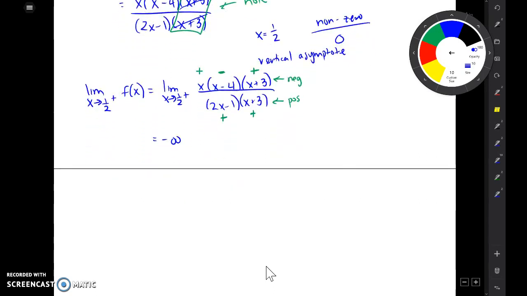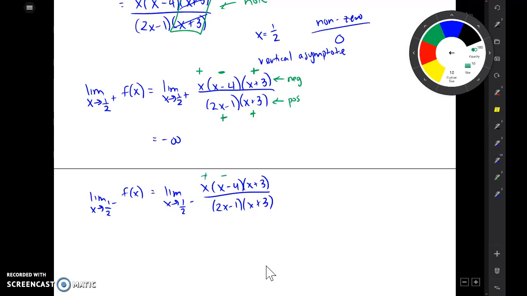We'll confirm this graphically also, but let's go ahead and do it from the left side. From the left. Okay, so same function. If I think about approaching from the left side now, all of my numerator stuff hasn't changed.